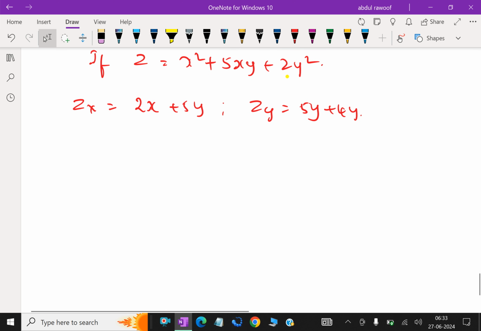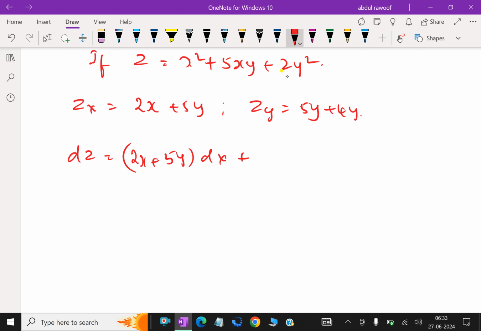We got zx and zy. Then dz, the differential of z, is (2x plus 5y) into dx plus (5x plus 4y) into dy.